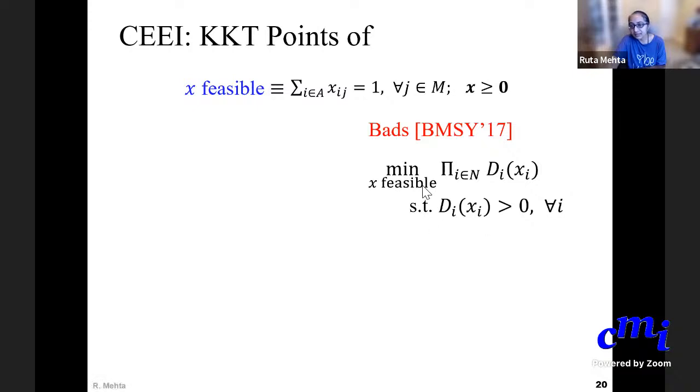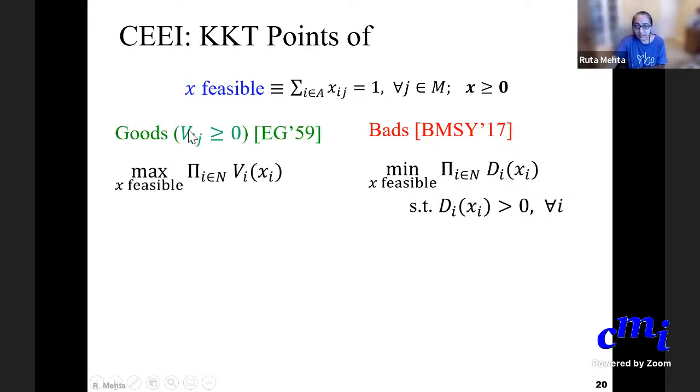If they don't put this extra non-zero constraint, it's very easy, right? You just don't give anything to one agent, which makes that disutility 0. Then you can give whatever to any other agent, and the product is always going to be 0. So that's why they put this extra constraint, and this is an open constraint. That's a difficult one.